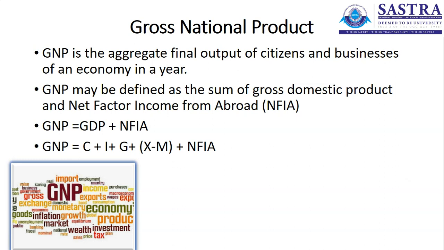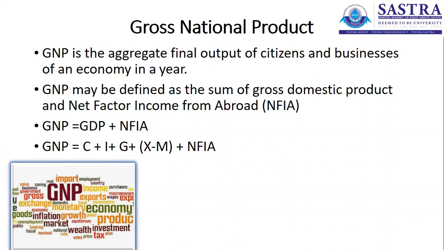GNP is the aggregate value of the final output of the citizens and businesses of an economy in a given period of time. GNP is defined as the sum of gross domestic product and the net factor income from abroad. Together we can use this to calculate the gross national product.